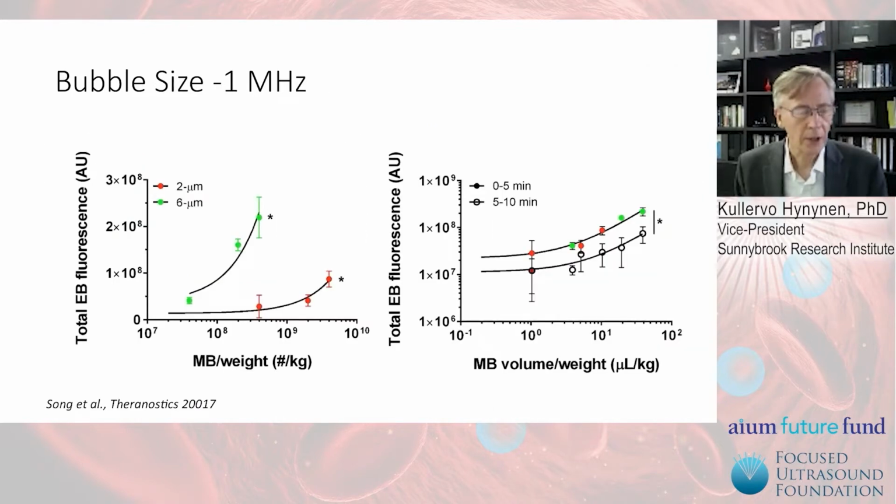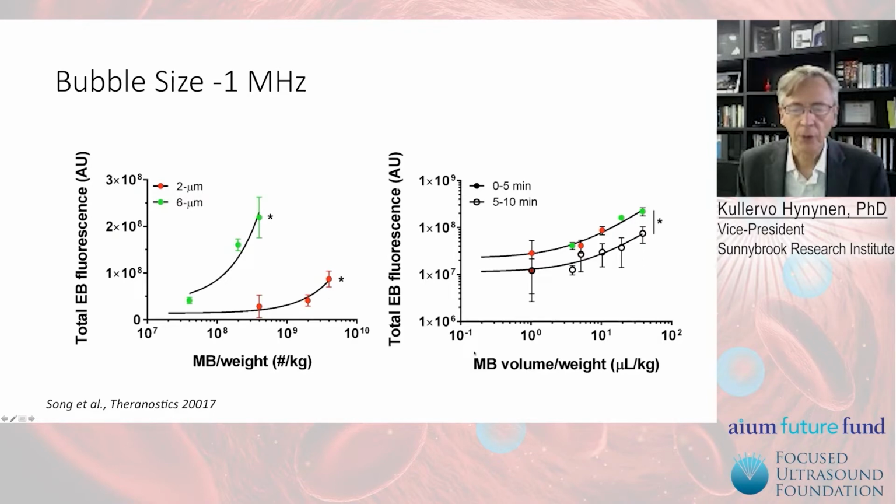Then there was a study that has shown that maybe it's not the bubble size that is important. This study was done at 1 megahertz, with 2 micrometer sized bubbles and 6 micrometer sized bubbles. And again, 6 micrometers seem to be producing more blood-brain barrier permeability enhancement than the small bubbles.